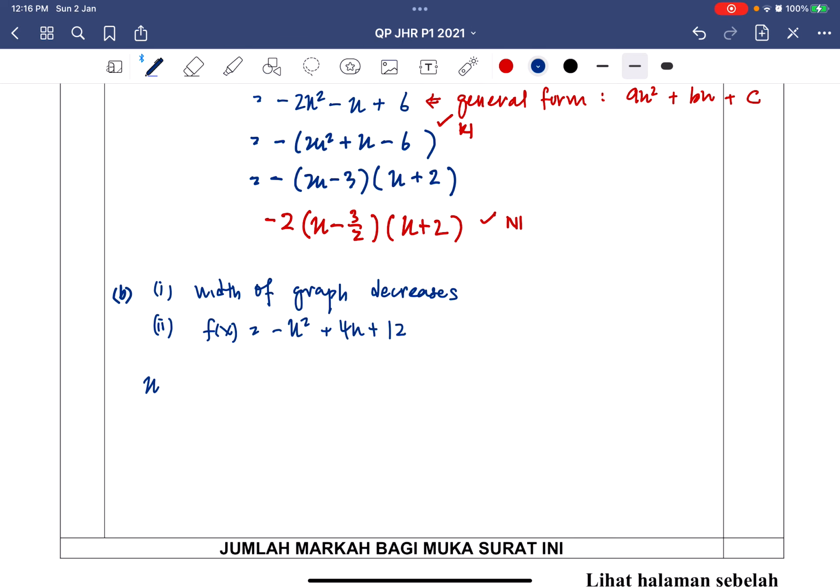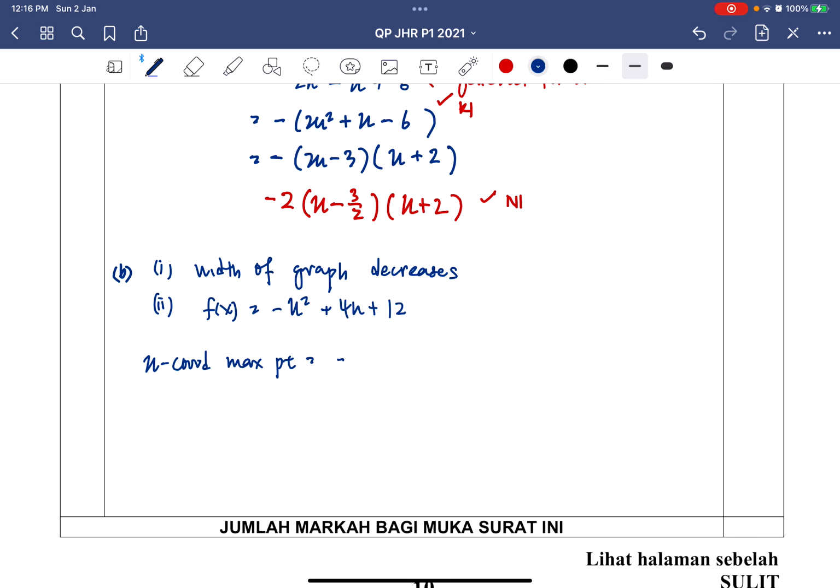So our x coordinate for the maximum point would be -b/2a. So -b would be 4, a would be -1. So I would get 2 for my x coordinate of my maximum point.